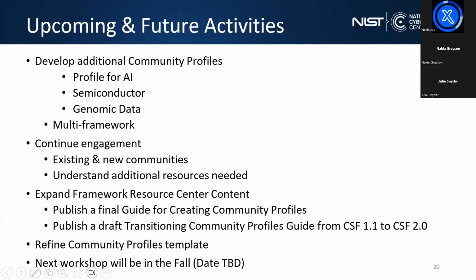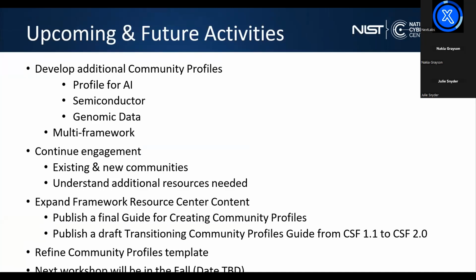So we talked a bit about what we've been doing. As far as what is coming up in the near term, certainly we're working with communities to develop some additional community profiles. There's one in the works for artificial intelligence, largely tracking to focus on cybersecurity, but stay tuned for a blog post about that coming soon to talk more about what we're looking at there and calling for input.